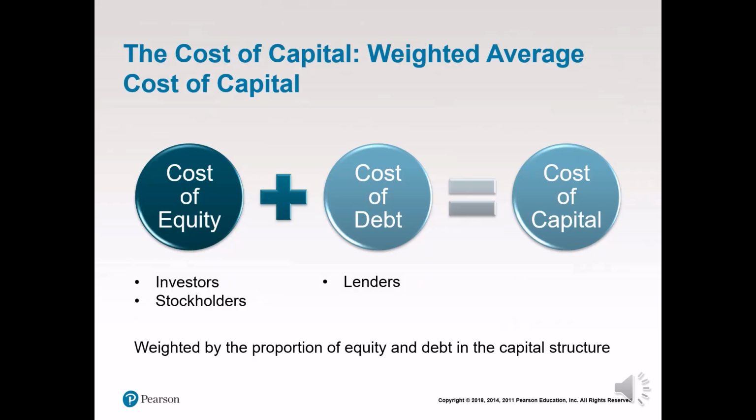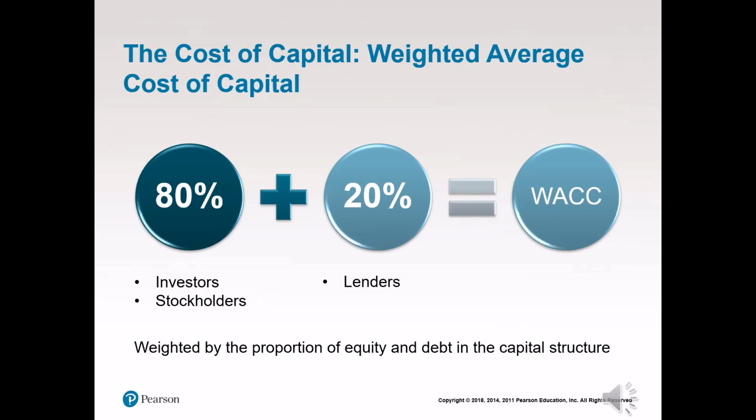It's not quite that simple because we have a weighted average. We might have more equity than we have debt. We need to determine the cost of equity and how much equity we have compared to the cost of debt and how much debt that we have. That will determine our weighted average cost of capital. Let's put some numbers to it to make a little bit more sense.